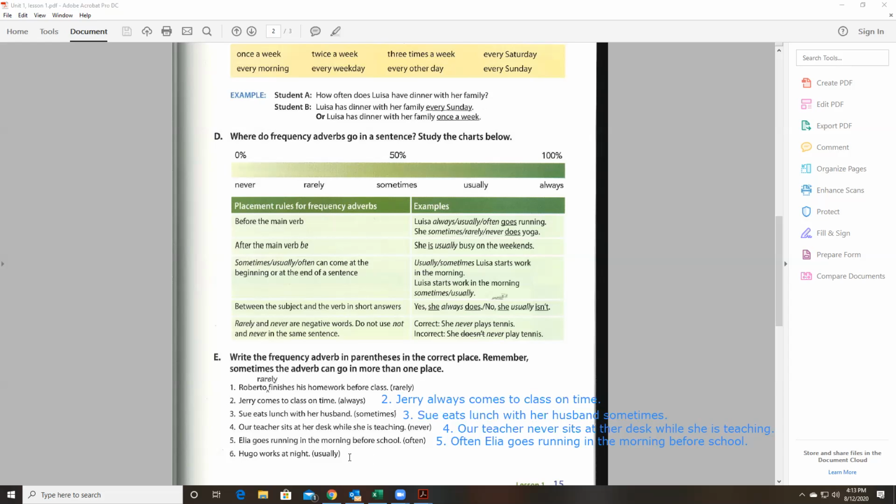To me, this is a very short answer, actually. So I put usually works. I put it between our subject and our verb. Like I said, you might have different answers, and that is okay. Do not erase your answers because I want to see what you had.